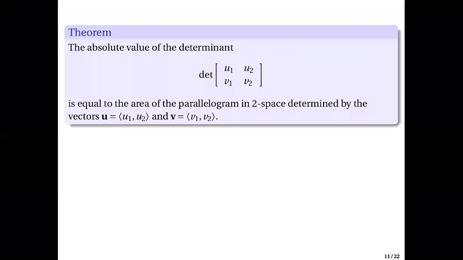So you know you are in two space, but we have been working with the cross product, which is only applicable in three space. So what we're going to do is construct the three space. This is your x, this is your y, this is your z. And then let's look at the xy plane only.